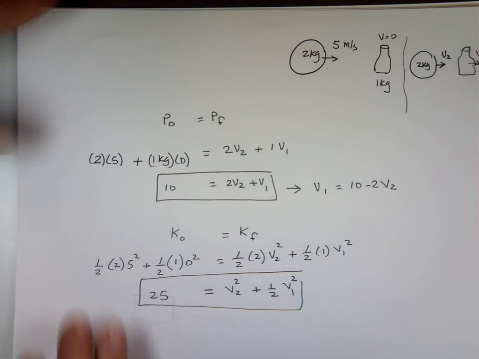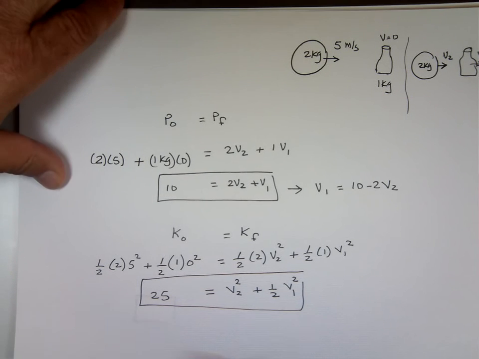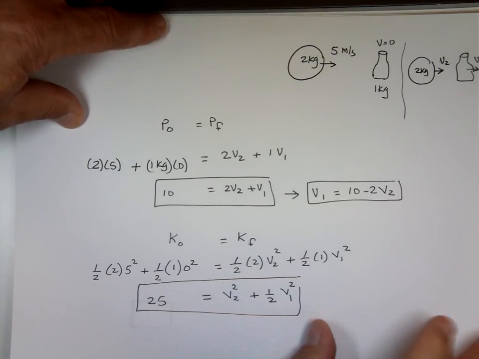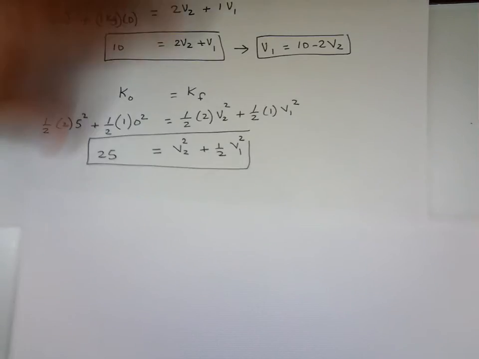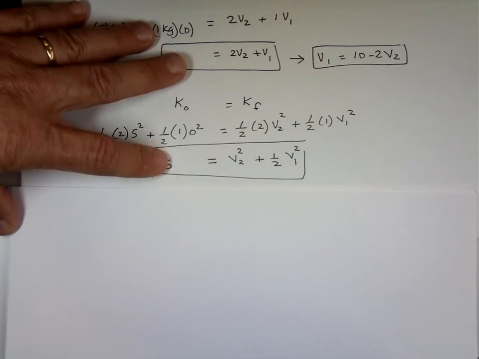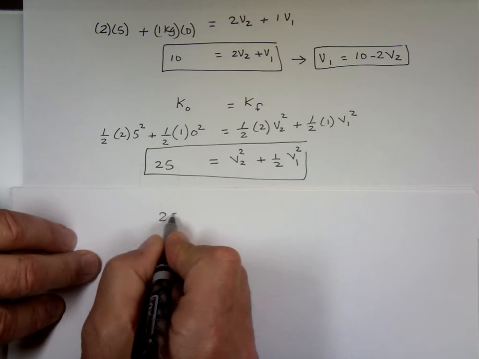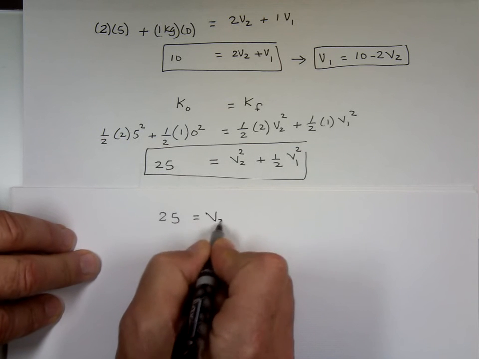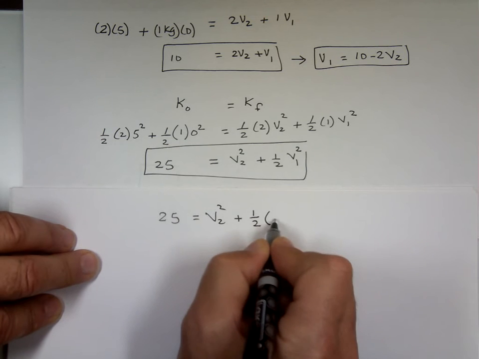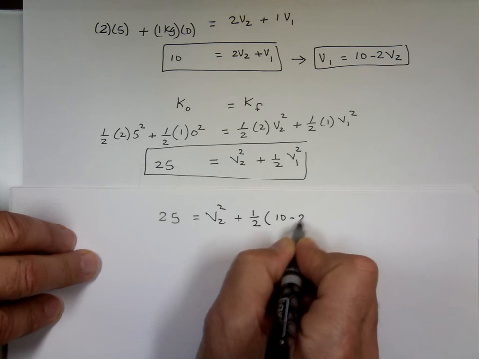So if you plug it in, that's why I don't like the equations, because now you're memorizing things. You come back to this, and when one is not moving, as I said, the math is not bad. 25 equals V2 squared plus 1/2 times V1, which is what? 10 minus 2 V2, and you have to square that one.